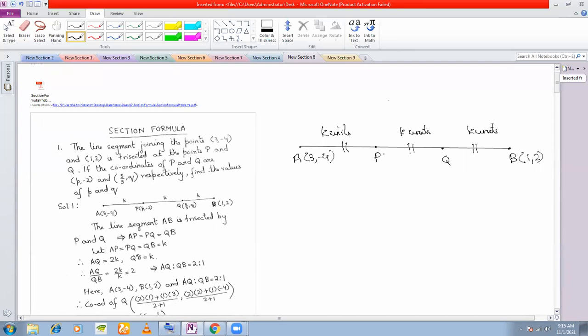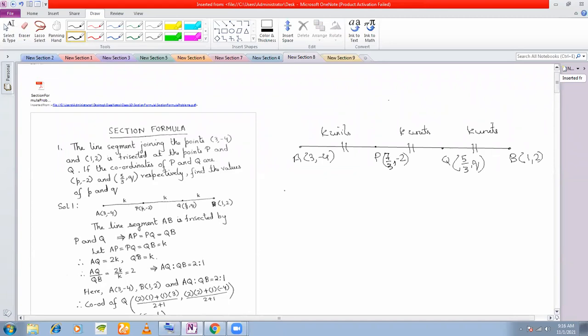Now coordinates of P is given to you as, or we won't require the coordinates of P, yet we'll write P, minus 2, and the coordinates of Q given to you is 5 by 3, Q. We have already found out the value of P, right? So if you want, you can write down value of P also. We have found this out to be 7 by 3. We won't require this. Okay.